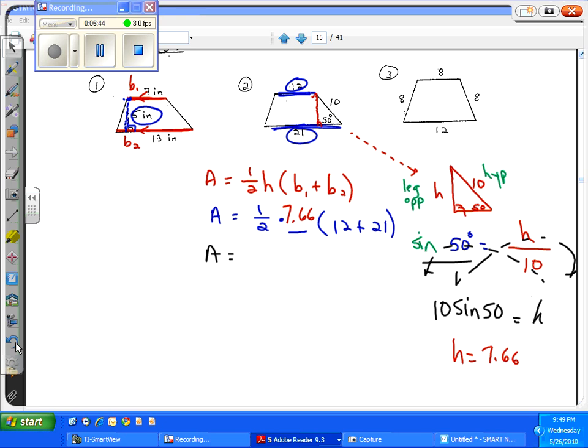So we get area equal 1/2 times height 7.66 times sum of bases 33.